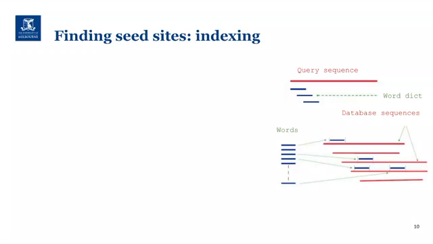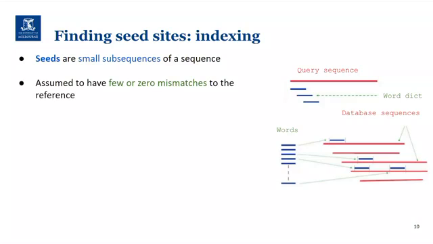So we'll break it up in k-mers, and our main goal here is to find a function that maps what I can see from the query to what exists in the database of sequences. So seeds in this case are small subsequences of our initial sequence that are equal, identical, or almost identical to the reference. And we'll use an index or a dictionary to find this mapping between query and database.